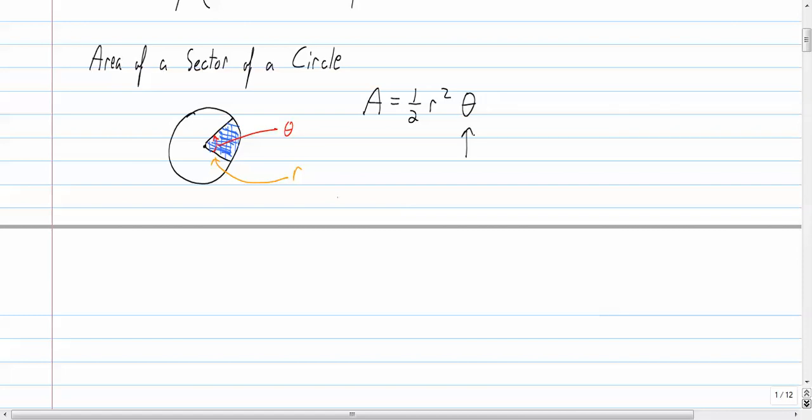Now, this theta, just like with the arc length, needs to be in radians.